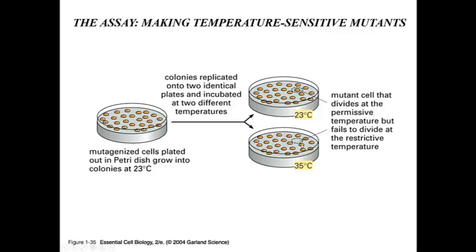So there's a space here on the plate. Okay, so there's a mutation in the genetic makeup of those yeast that does not permit them to grow at the higher temperature. And that mutation can be induced by chemical mutagens in the lab.